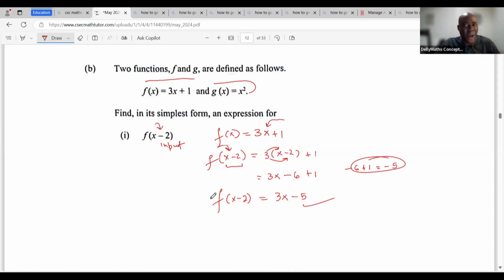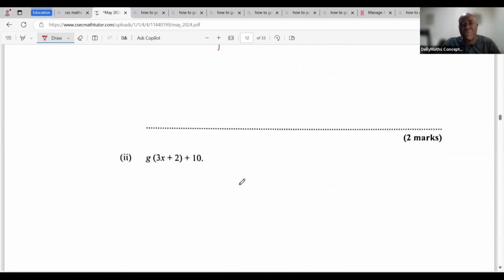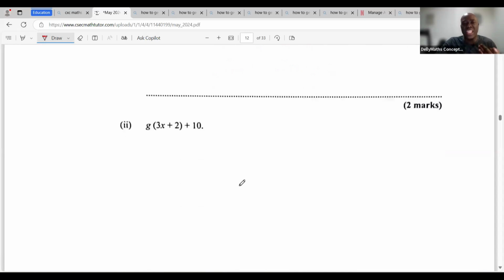Let's take a look at the other question. Now, for the other question, we're working with the g function, and we're supposed to find g of 3x plus 2 in a bracket, then plus 10. Now, I want you to pay attention to this part here. This is still our input, which means that's the part that we're going to be moving, and we're going to put it in the g function where x is.